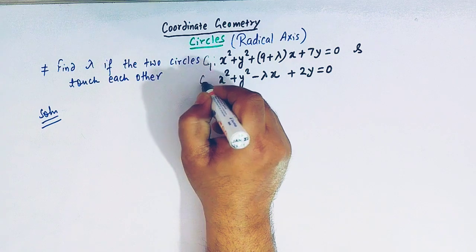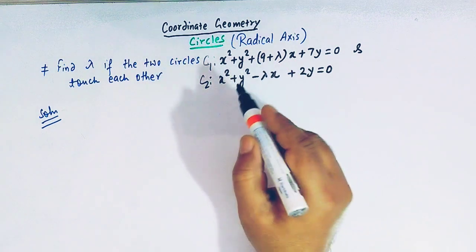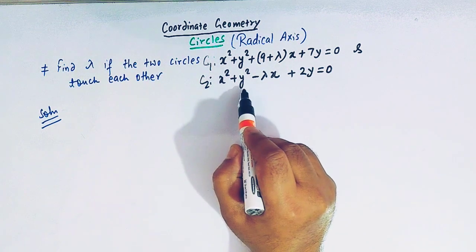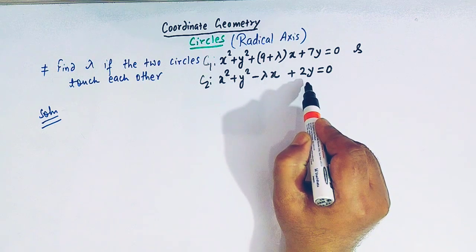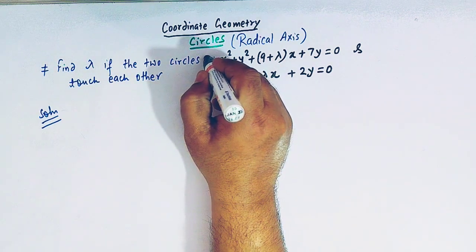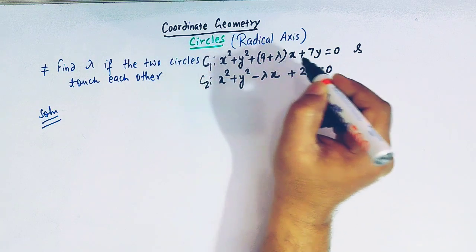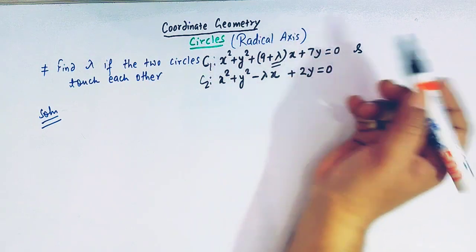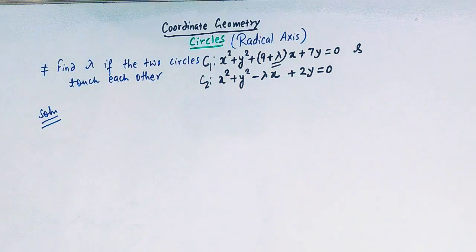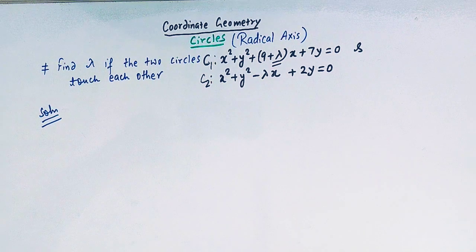And the second circle is C2, whose equation is x square plus y square minus lambda x plus 2y is equal to 0, right? So here we are required to find out the value of lambda when these two circles touch each other.